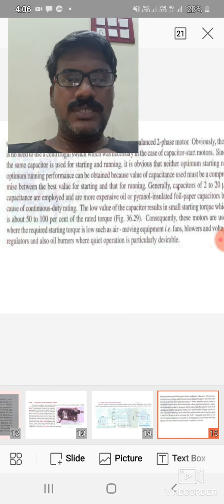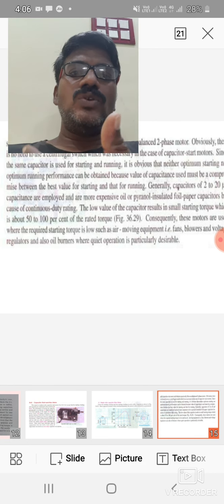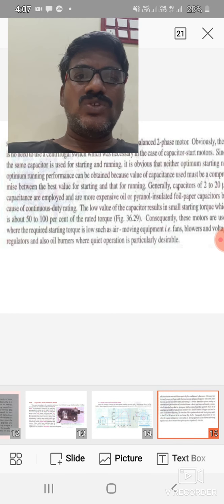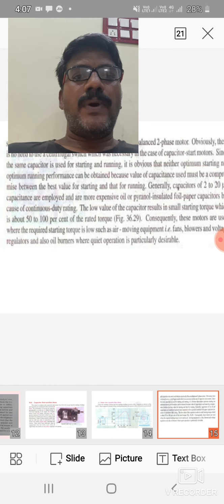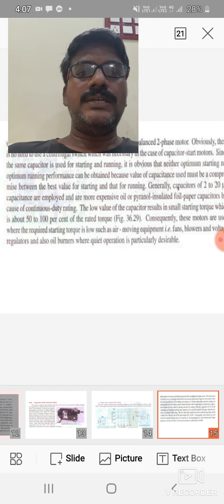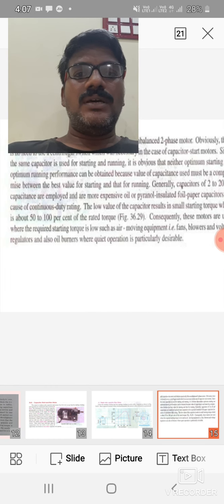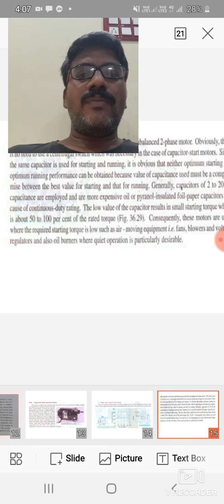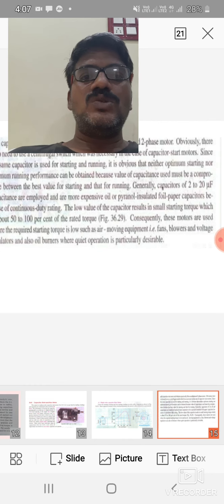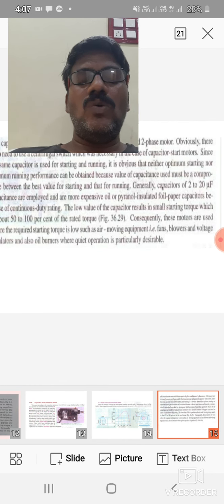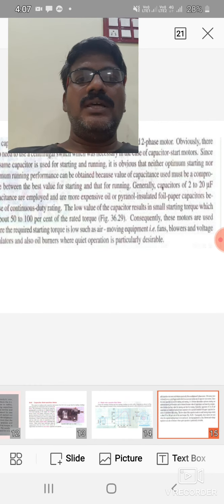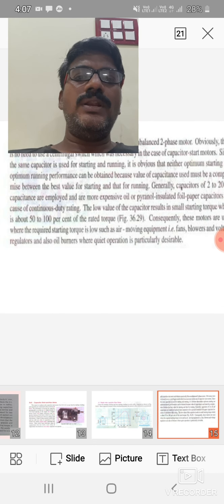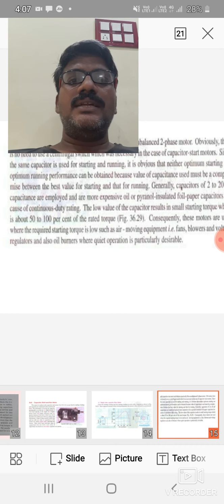For continuous operation, you have to use the oil type. It is very expensive, right? The low value of capacitance results in a small starting torque, which is about 50 to 100% of the rated torque.